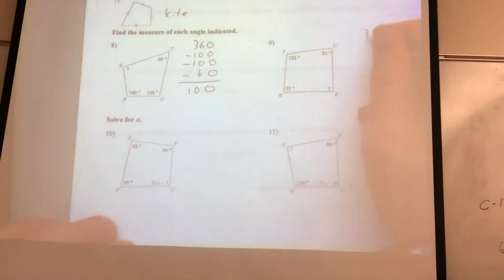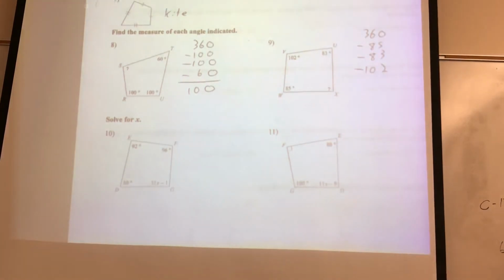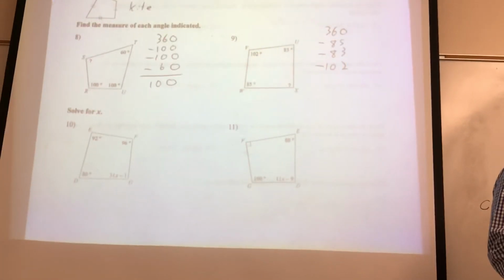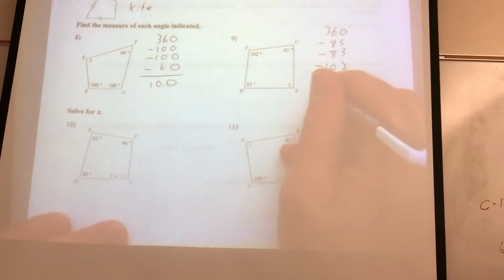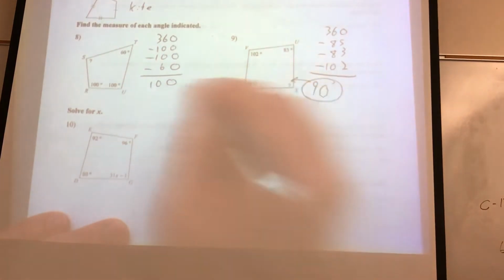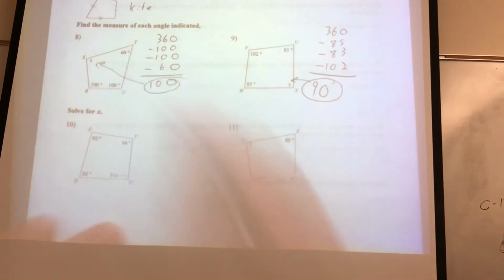On this one, it's 360 minus 85 minus 83 minus 102. So after we subtract all of those, I'm just going to do that on the calculator real quick. 360 minus 102 minus 83 minus 85. If we put that all together, we should have 90 for that last angle down there in the corner.